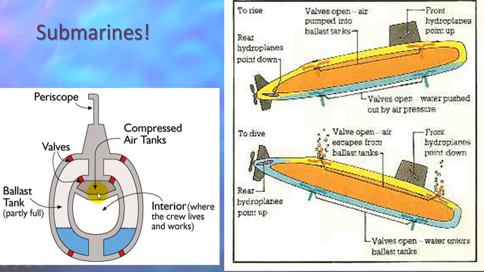When we want to rise up to the surface, the air will squeeze out through here and push the water out through these little openings and keep it compressed so it rises to the surface. So the valves open, the water is pushed out by air pressure, and then it rises. When we let the water in, we call that ballast, then it's going to sink. It's pretty simple the way that works.